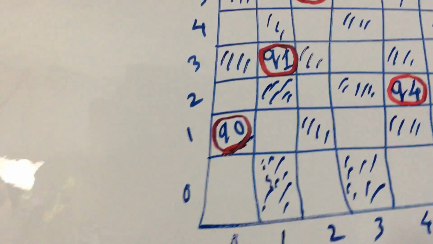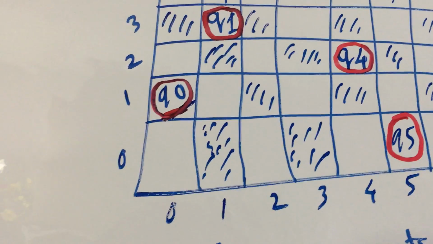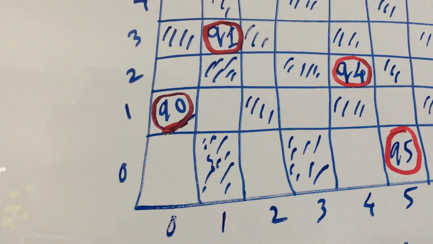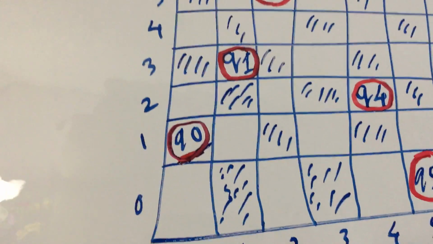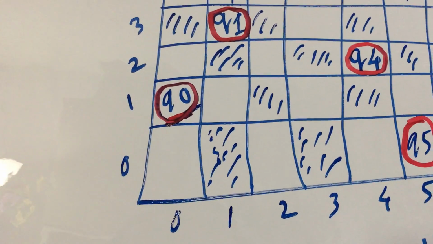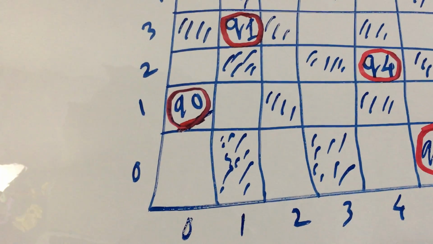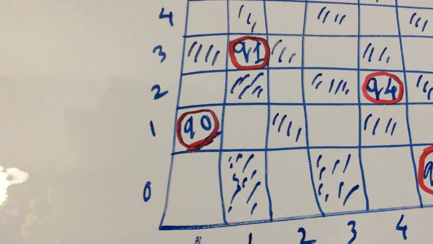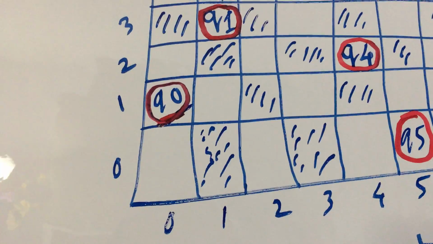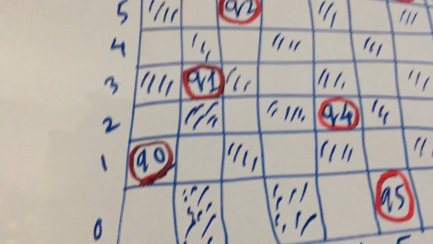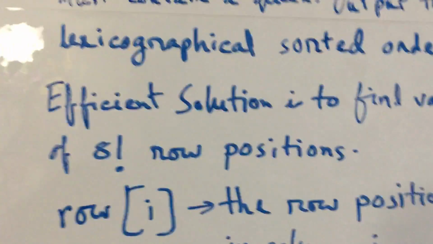So at column index 0, in row position 1, we have the first queen. So q0, you see, is placed in column 0 and row position 1.